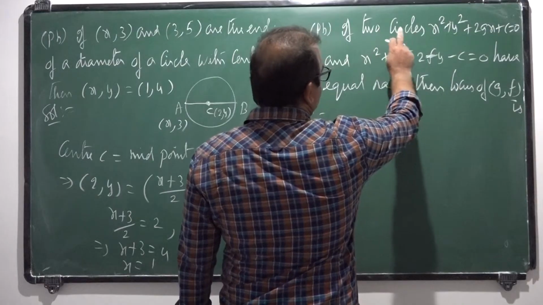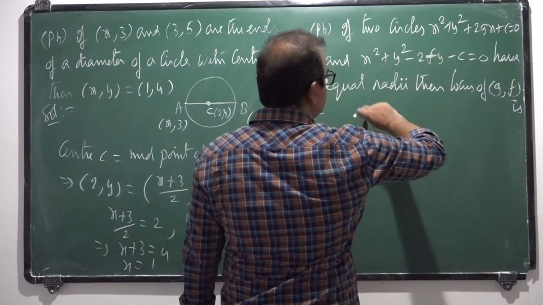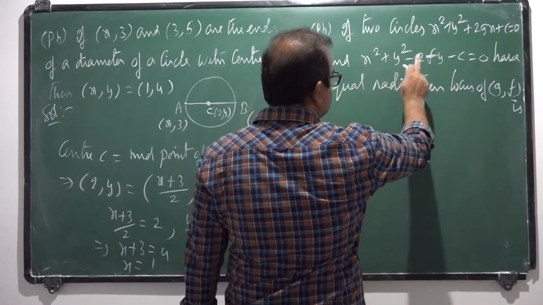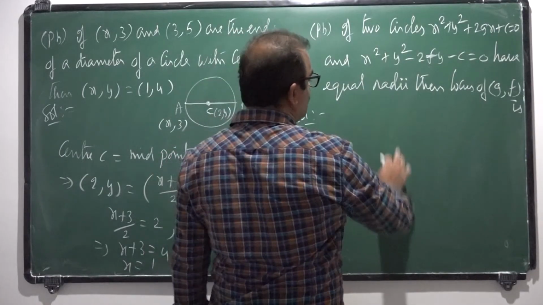What is given here? Two circles x square plus y square plus 2gx plus c is equal to 0, x square plus y square minus 2fy minus c is equal to 0 have equal radii.